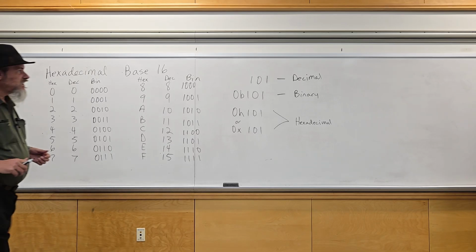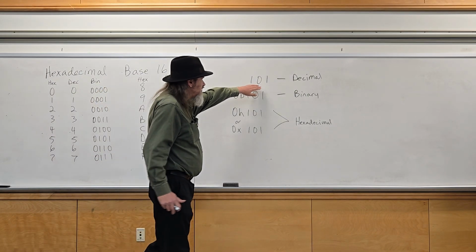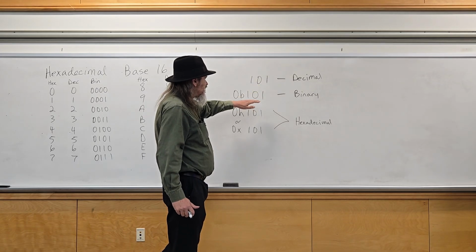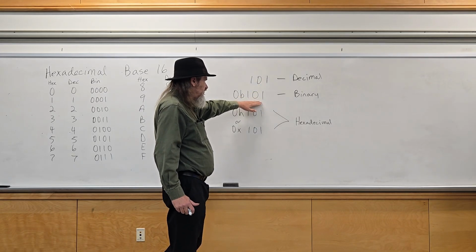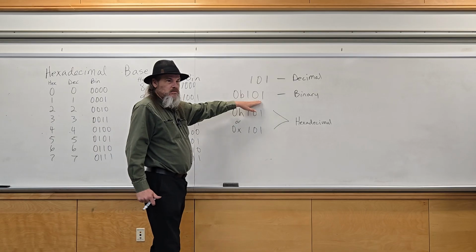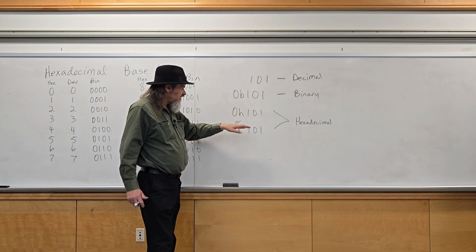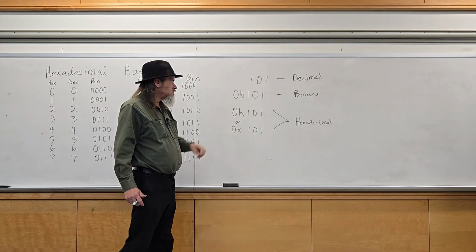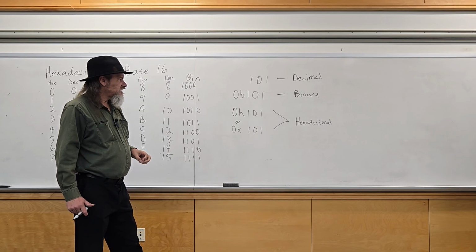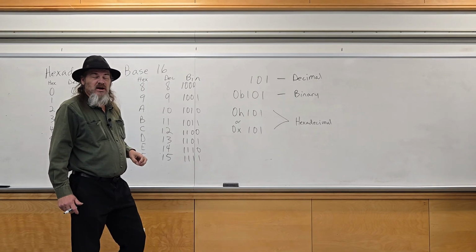Just make it clear what base the number uses, because 101 in decimal is significantly different than 5 in binary, which is significantly different than, what is that, 257 in hexadecimal.